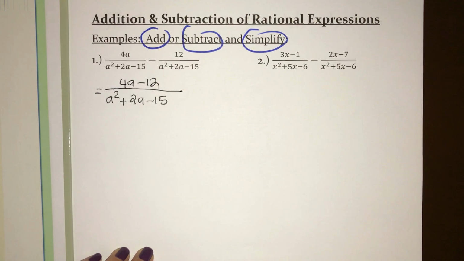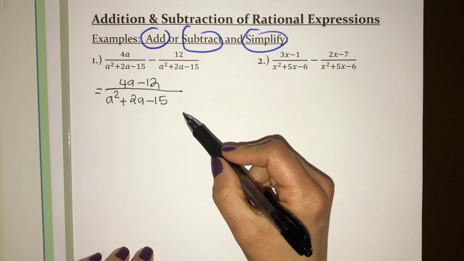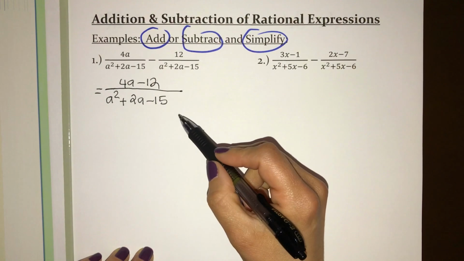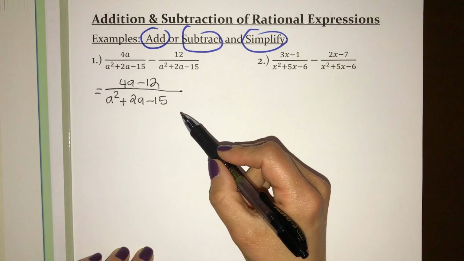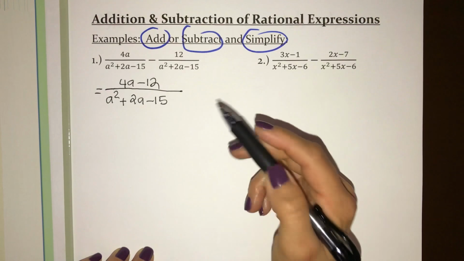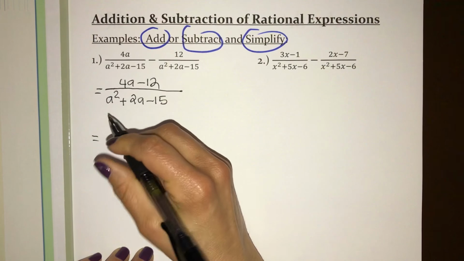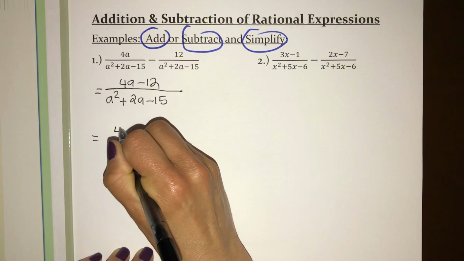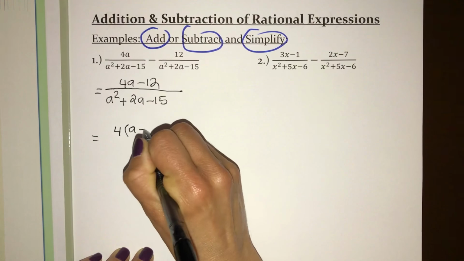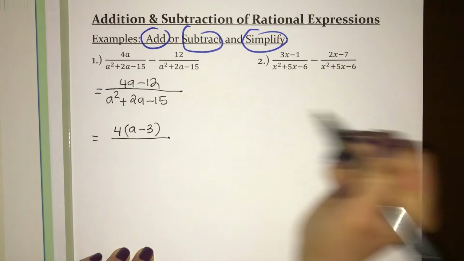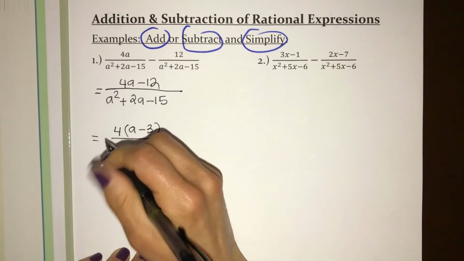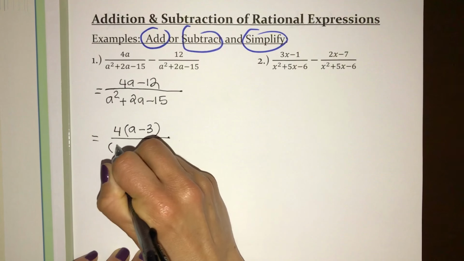And then from here, once you get to one fraction, you want to factor. That way we might be able to reduce and simplify. So for the numerator, I can actually factor out 4. And in the denominator, we can factor the trinomial.